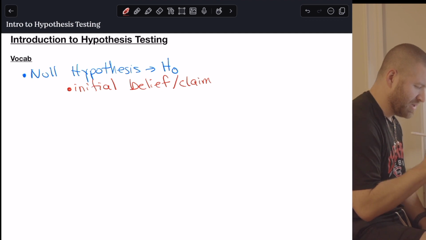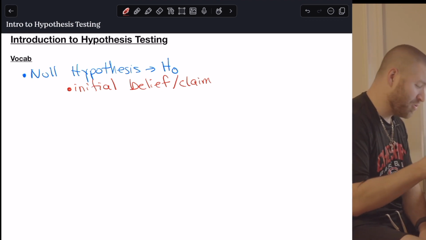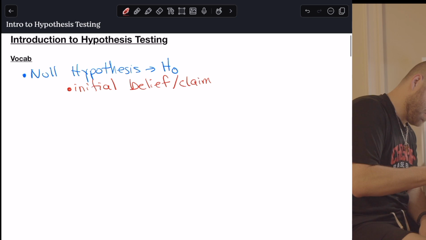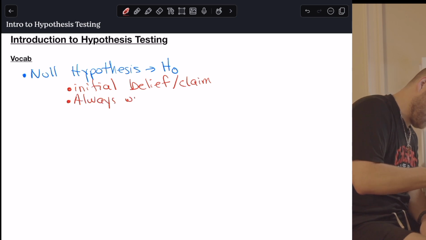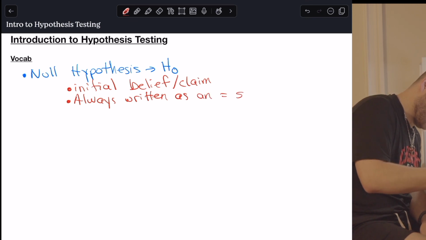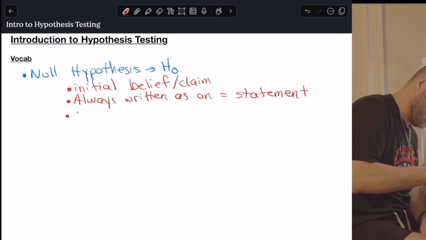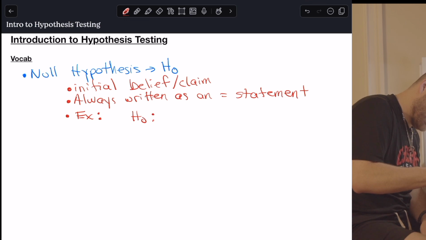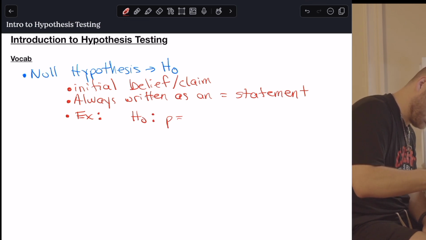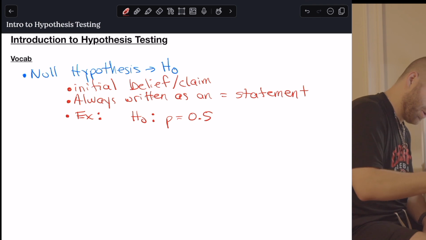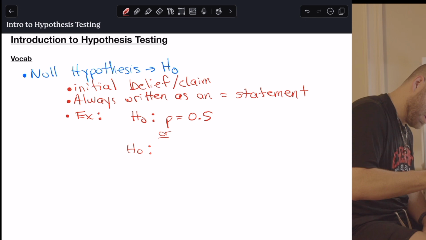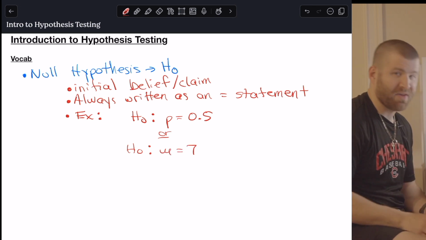The important thing is that this is always written as an equals statement. So what I mean by that, if I give you some examples here, you will see the null hypothesis, you'll have a colon, and then it'll say something like P equals 0.5. Or you might see null hypothesis and mu equals 7.